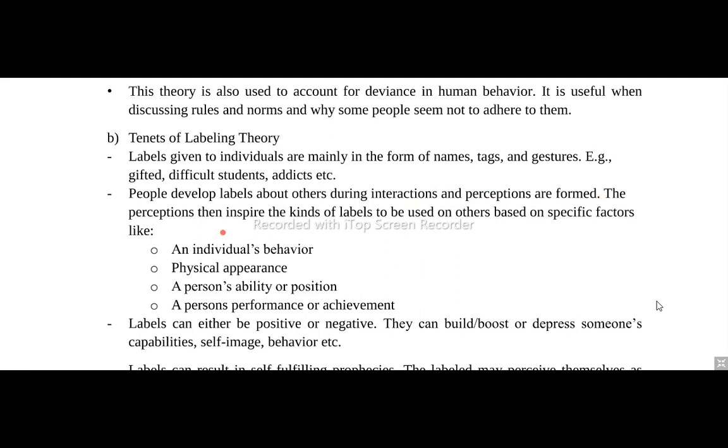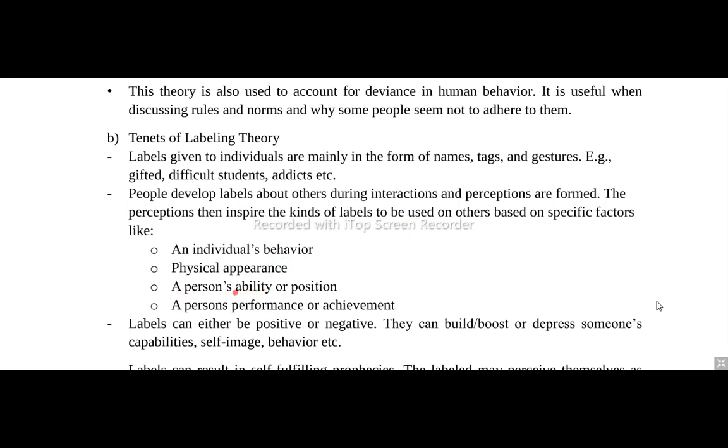The perceptions then inspire the kinds of labels to be used on others based on specific factors like an individual's behavior. We may call that a difficult student because of his behavior. Physical appearance: for example, we may call a person a fatso, or a blackie because one is dark, or a brownie because one is brown.